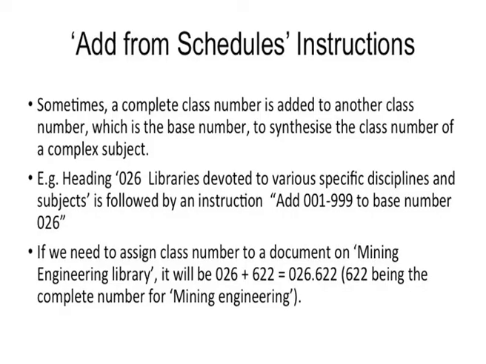Sometimes a complete class number is added to another class number on instructions. So, one number is a base number, meaning that is a basic subject number, and another number is added to it on instruction to synthesize the class number of a complex subject.